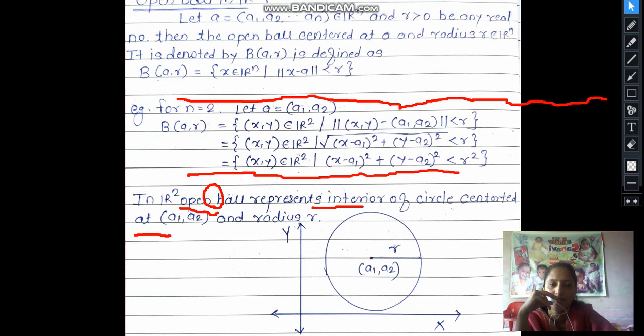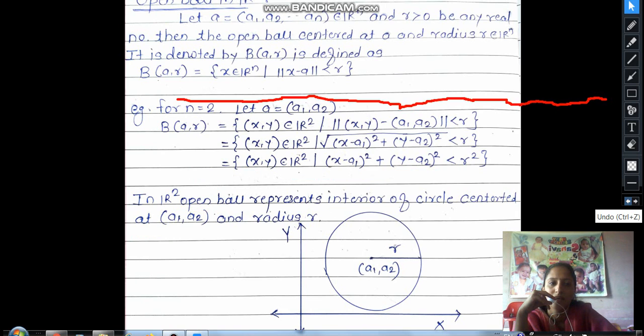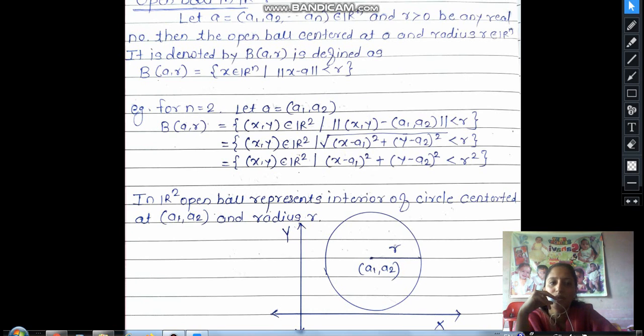Now the next one is the open ball in Rn. Open ball. It is a new concept for you. Let a = (a1, a2, up to an) belong to Rn, and let r greater than 0 be any real number.